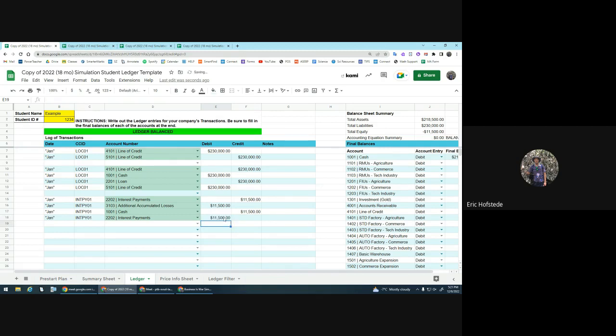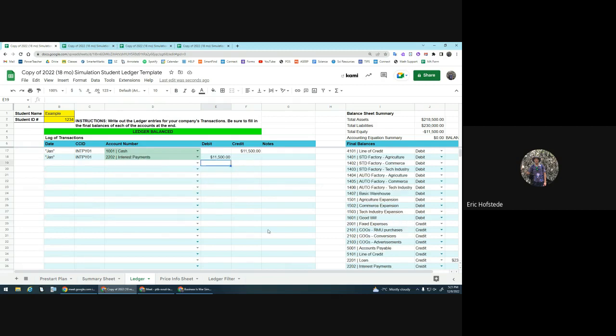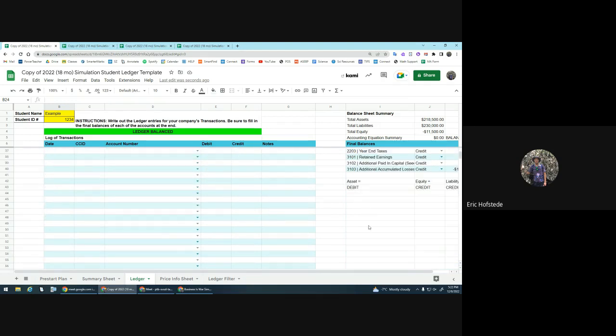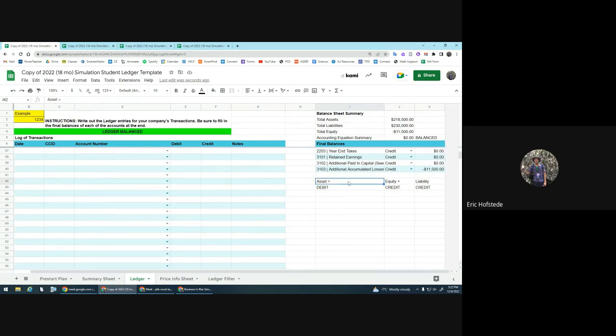All right, and hopefully you remember the asset liability equity equation. If you don't, take a look at your notes, make a little cheat sheet for yourself. I could even just quickly write it here for you. Asset equals equity plus liability.